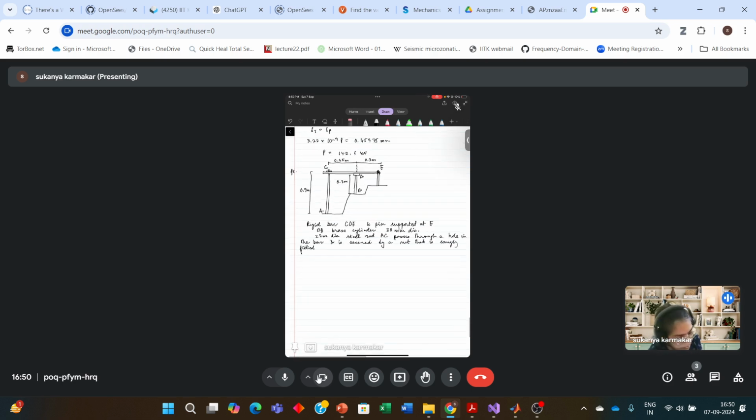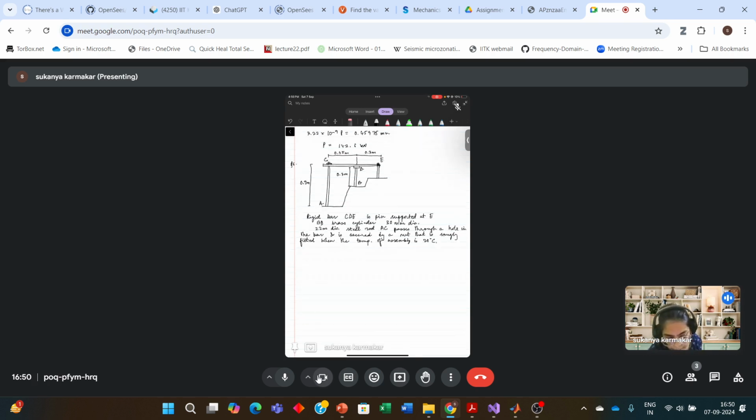When the temperature of the entire assembly is 20 degrees Celsius.